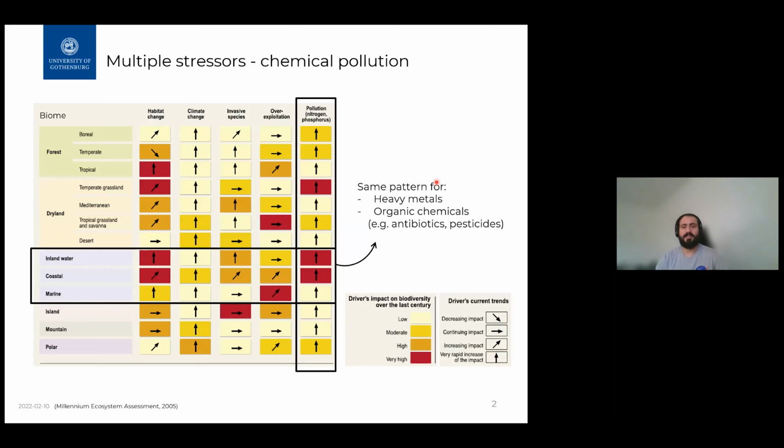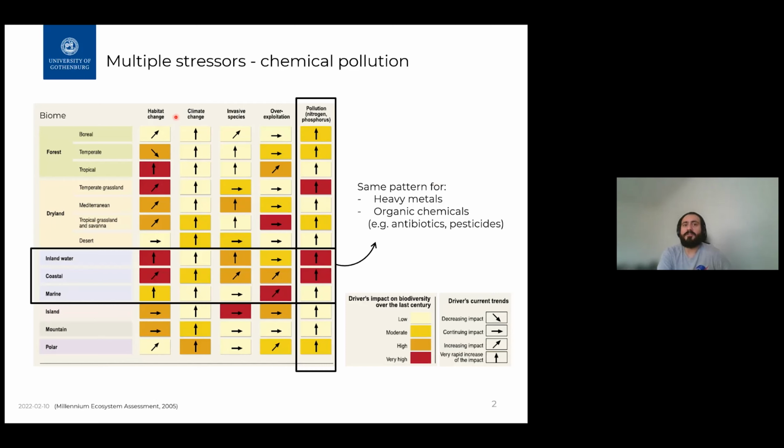science or natural science. In 2000, the United Nations launched the program Millennium Ecosystem Assessment, and one of the main outcomes of this program was the identification, prioritization, and future trends for a major global driver affecting biodiversity.